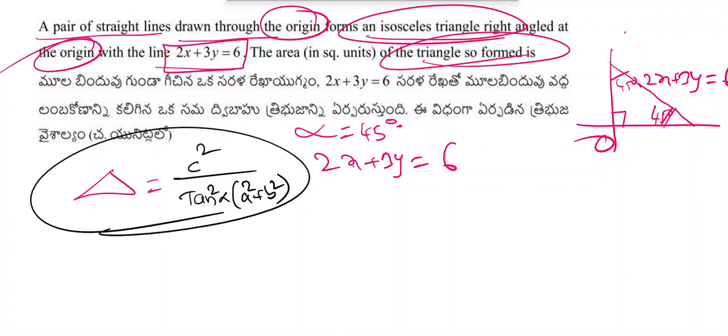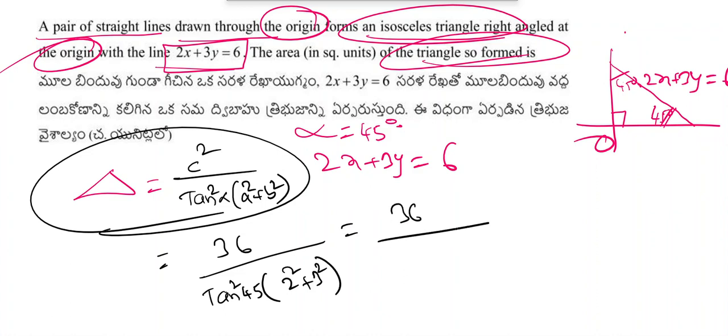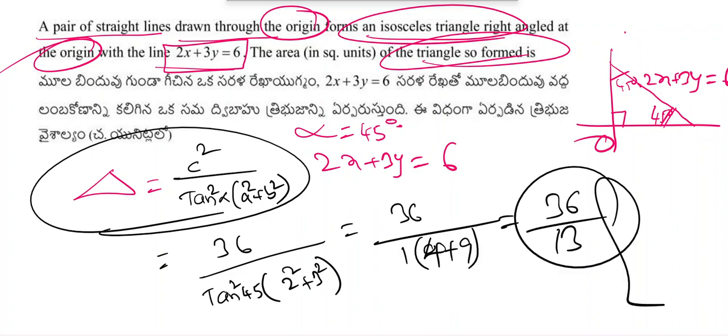This is the shortcut formula. Here c is 6, so 36 by tan square 45 into 2 square plus 3 square, that is 36 by 1 into 4 plus 9, that is equal to 36 by 13. This is the answer.